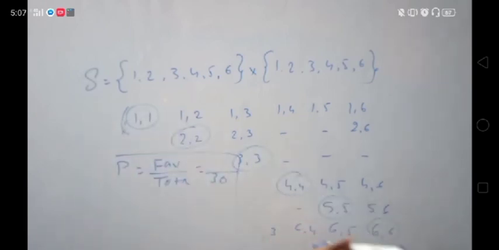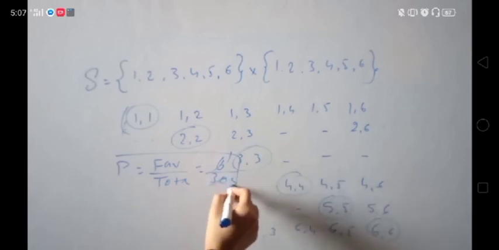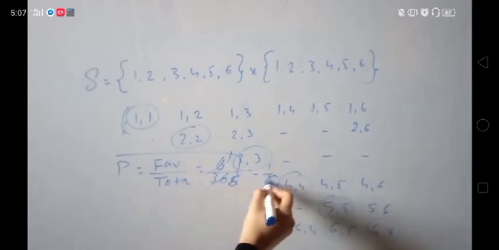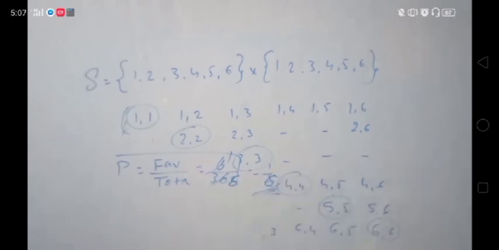Therefore 6 upon 36, and 6 1s are 6, 6 6s are 36. So the probability is 1 by 6.